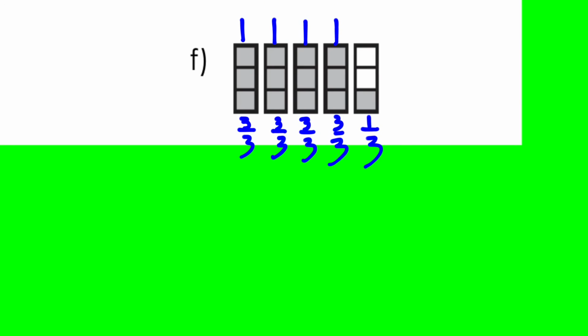So the improper fraction is divided into thirds, and we have a total of 3, 6, 9, 12, 13 of those thirds. Or, as a mixed number, we have 4 wholes plus that 1/3 part.